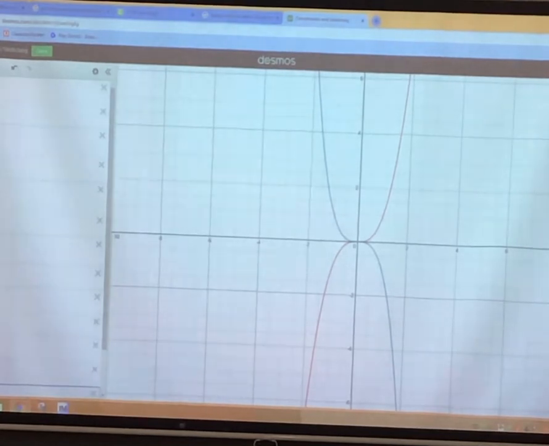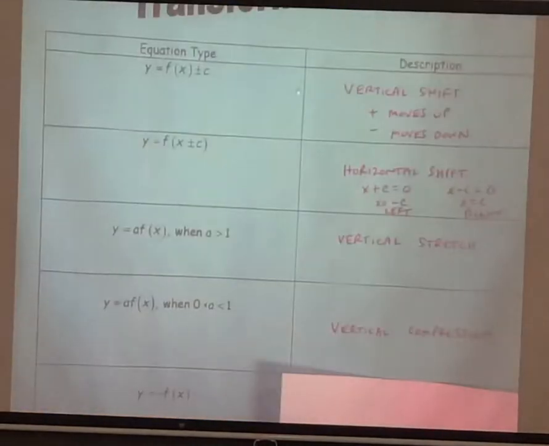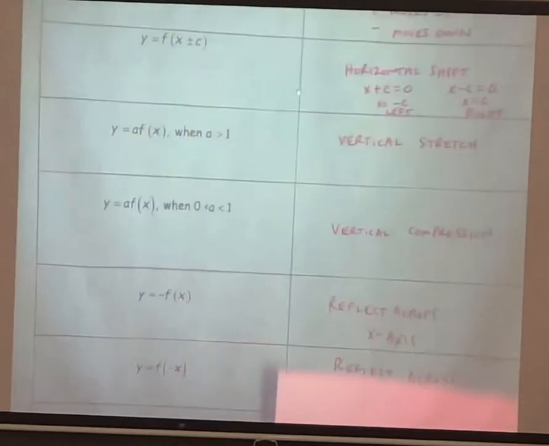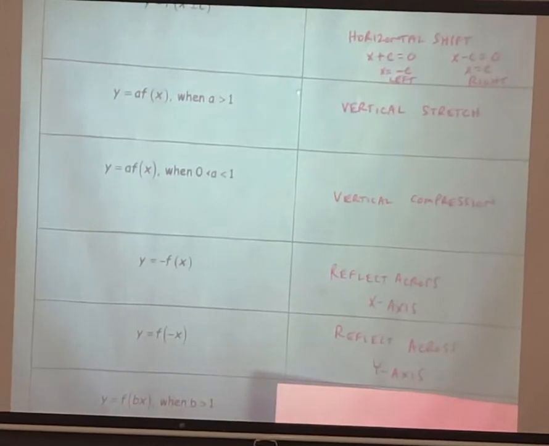So the red curve becomes the blue curve. Let's put our sheets back up there so you can see that. So we've got reflection over the x-axis when it's negative in front, reflection over the y-axis when it's negative inside the parentheses.